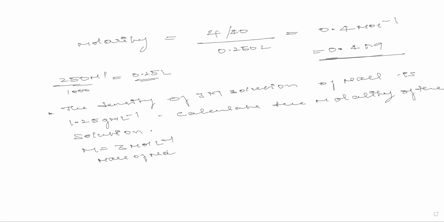In 1 liter of solution, the mass of NaCl is 3 into 58.5, that gives out 175.5 gram.